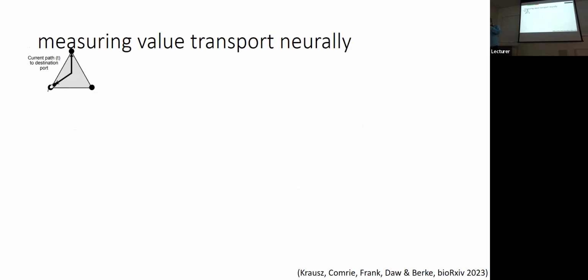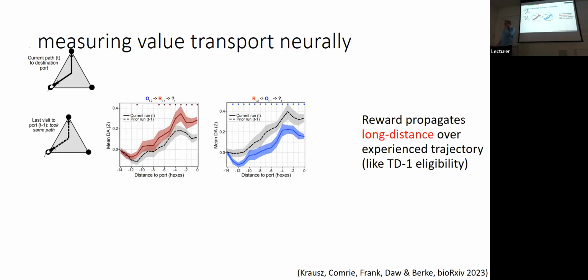Okay, so let's go at it. Here is the first observation, and it sort of cracks the behavior. Let's say we do this thing where the animal goes back and forth and then back again. And let's consider two types of trials: ones in which they go out and get rewarded and go back and then back again, or conversely, where they go out and don't get rewarded and go back and go back again.